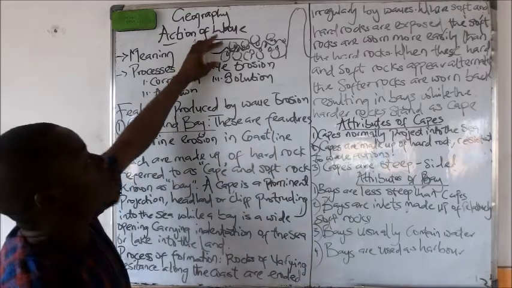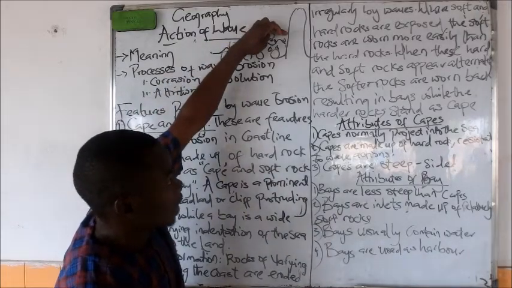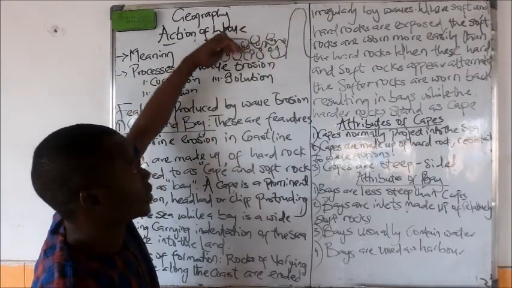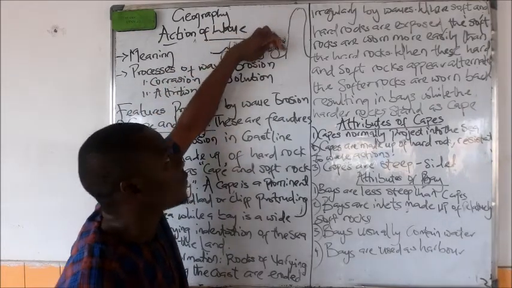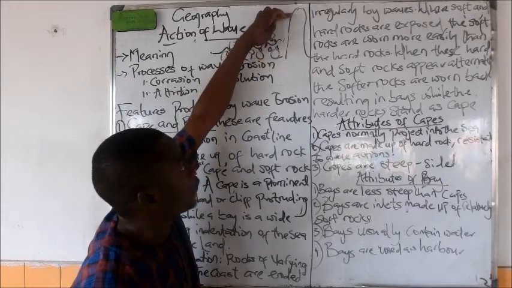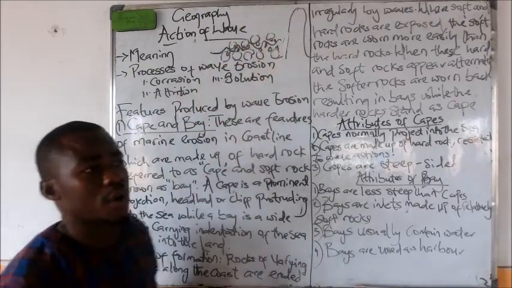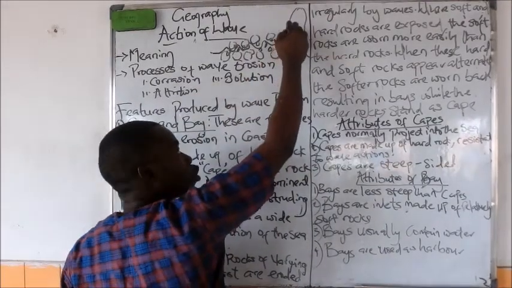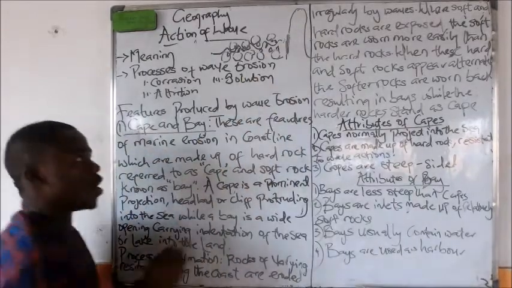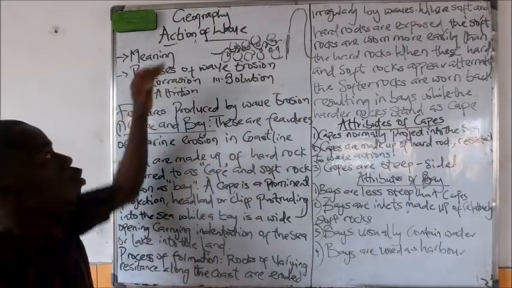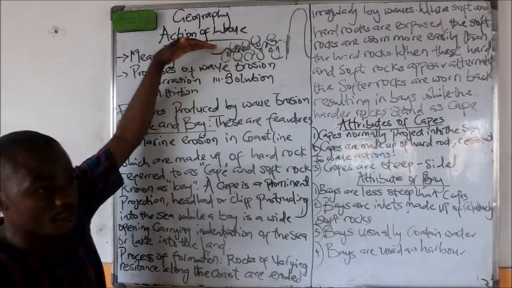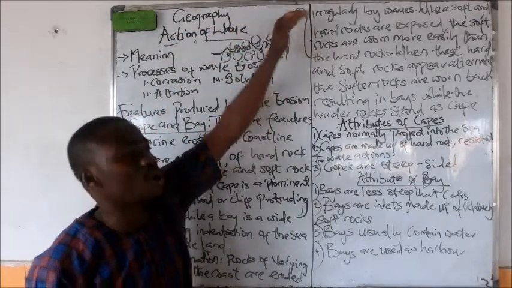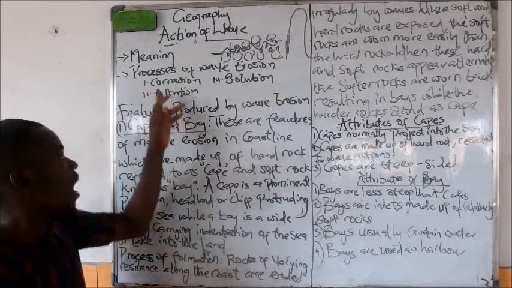Now, when the water wave gets to this side, the fragments tend to hit the foot of this cliff, or the foot of this body of rock. When this happens, it tends to erode the foot of the cliff. So, when the fragments carried by the water wave erode the foot of the body of rock, of the cliff, we say we have corrasion.